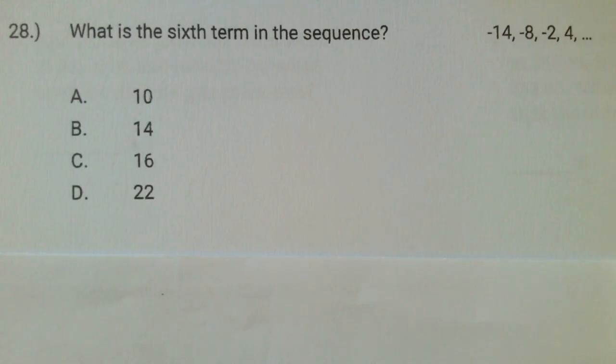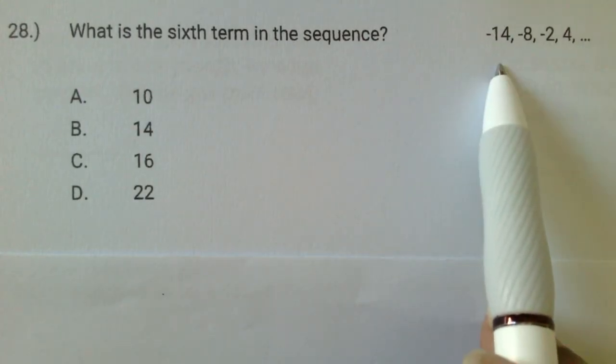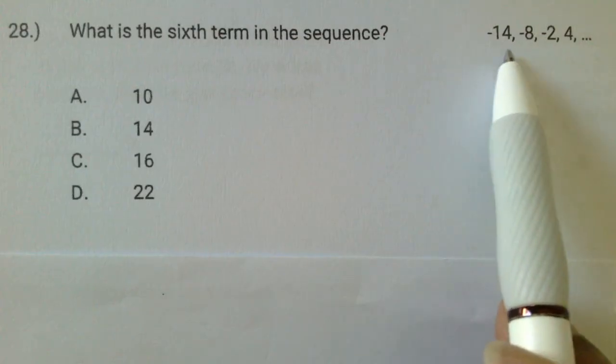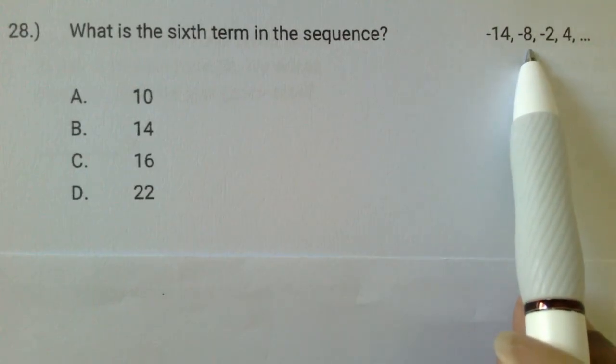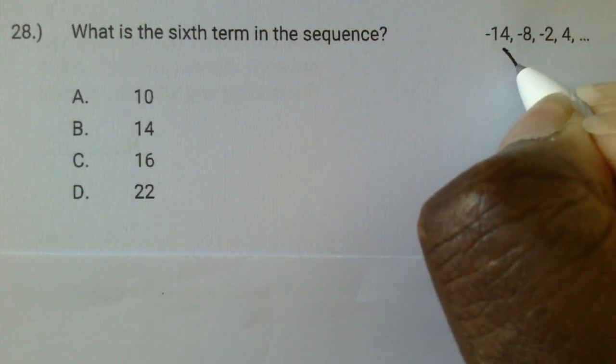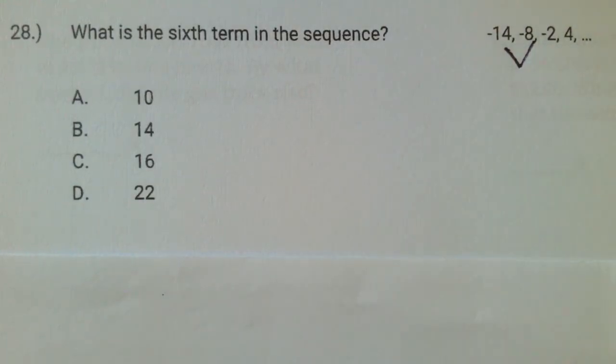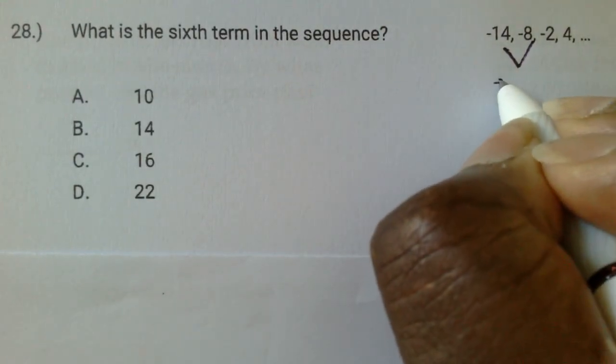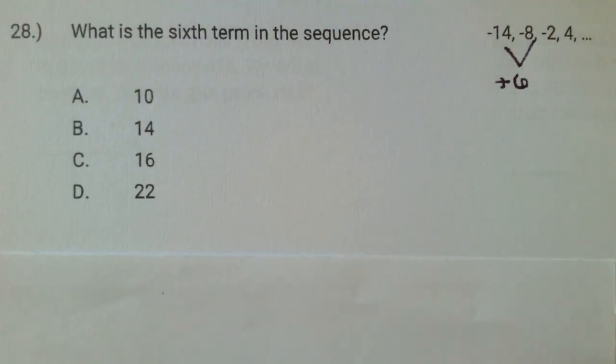Okay, so now let's take a look at our sequence here. We have negative 14 to negative 8. If I went from negative 14 to negative 8, that's going to be adding 6, because 14 minus 6 will give me my 8.